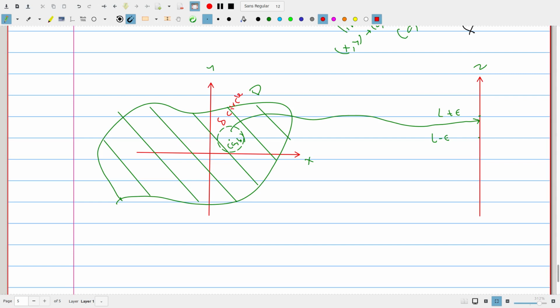Let me rephrase this. If I make this interval smaller, then I should be able to make that delta circle smaller so that something within that delta circle maps onto somewhere within that interval.